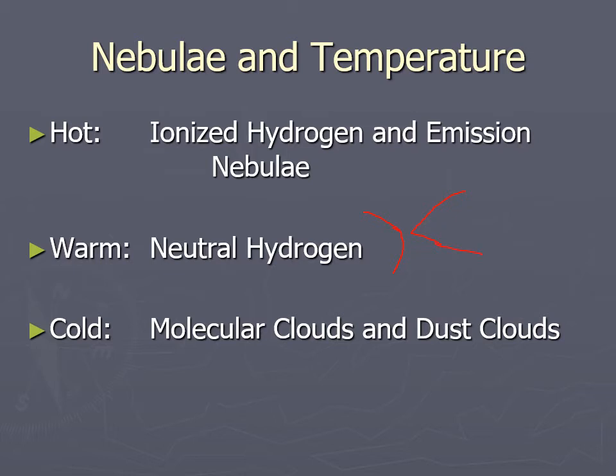If they're cool enough, the atoms will come together and stick and form molecules, and the molecules will come together and stick and form dust. And so the dust clouds and molecular clouds tend to be cold. The neutral hydrogen that's not forming molecules is warm, and so forth.